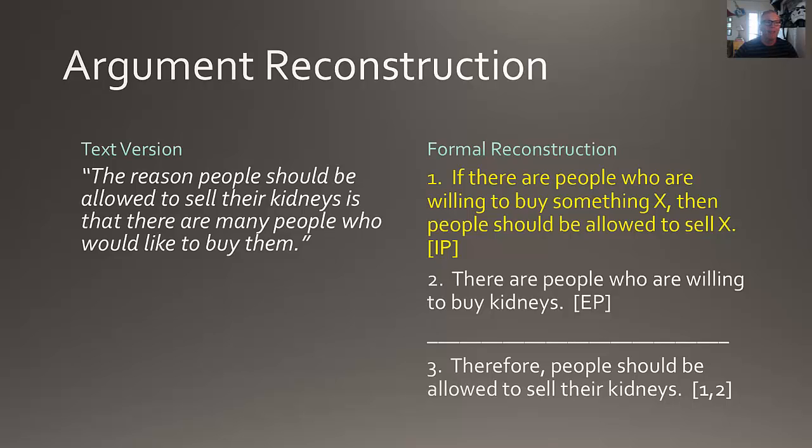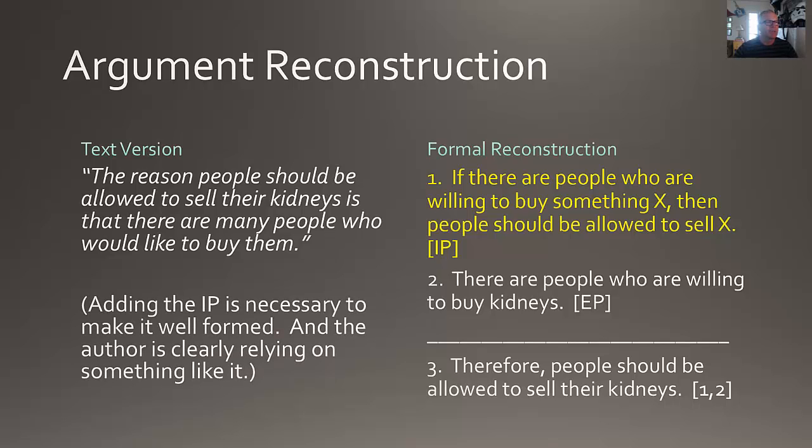When I add that implicit premise, you can hear that this becomes valid. So that's good. Adding the implicit premise is necessary to make this argument well-formed, where a well-formed argument is valid or cogent. The author is clearly relying on something like this principle in order to make it work. So now we've got a well-constructed reconstruction of this argument, complete with justifications and 3 lines.